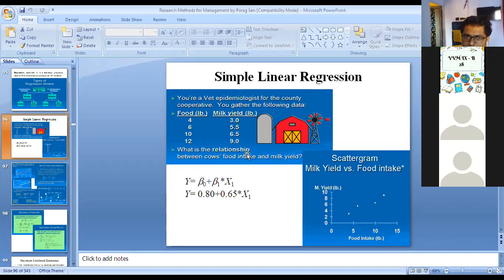Suppose you are increasing food intake and the milk yield is also increasing, so there is some variation of the food, and there is some variation in the milk yield, so there is some common part. Because of the increase in food intake, the milk yield is also being increased.